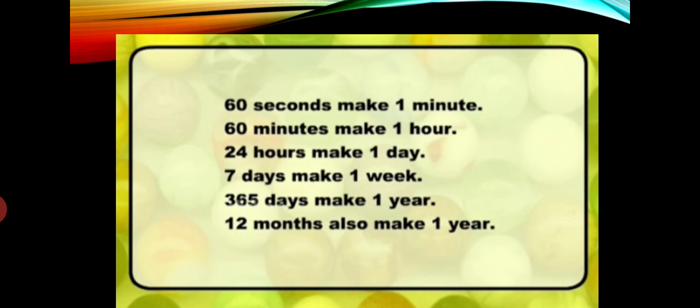So learn these points. In 1 minute, there are 60 seconds. In 1 hour, 60 minutes. In a day, 24 hours. In 1 week, 7 days. In 1 year, 365 days. And also in a year, there are a total of 12 months. This thing we will learn one by one.